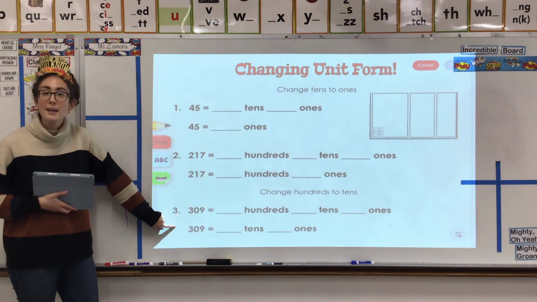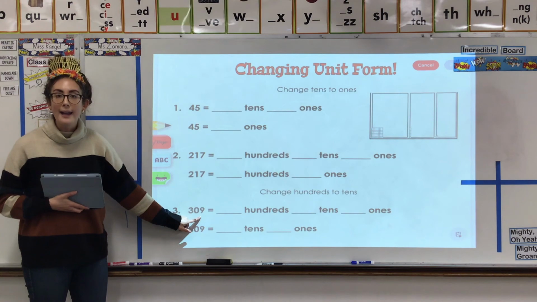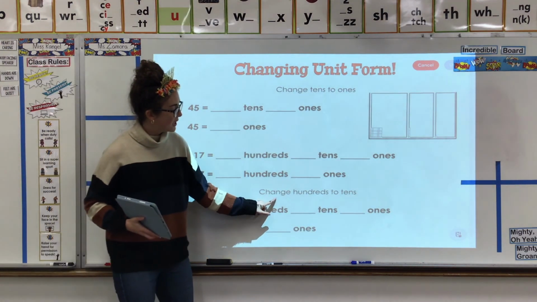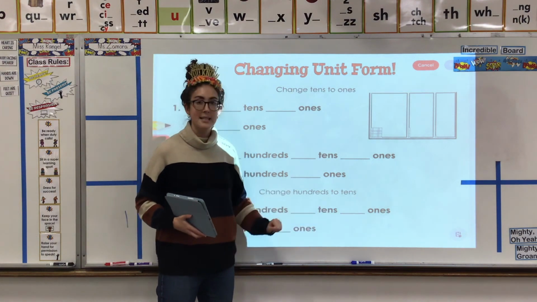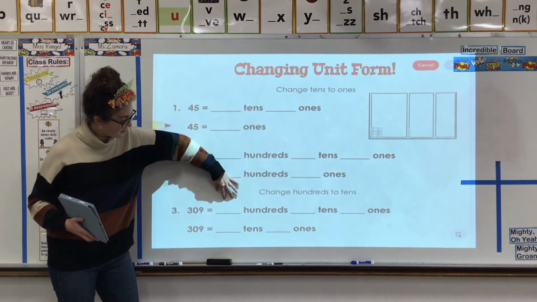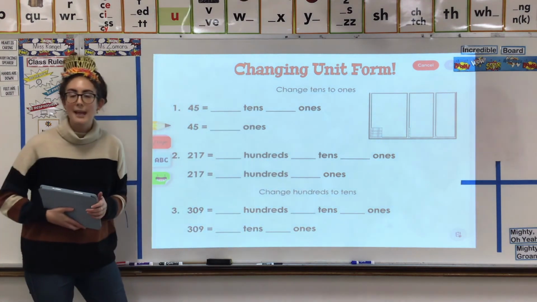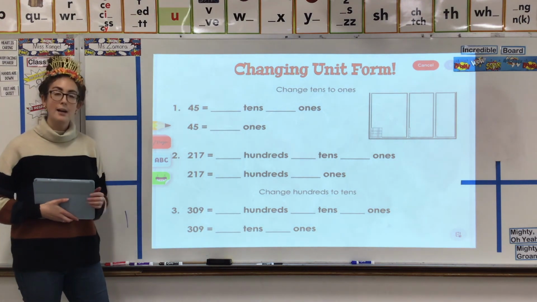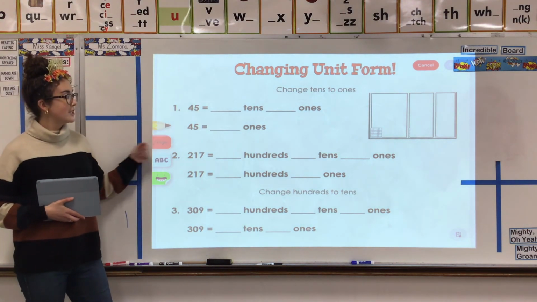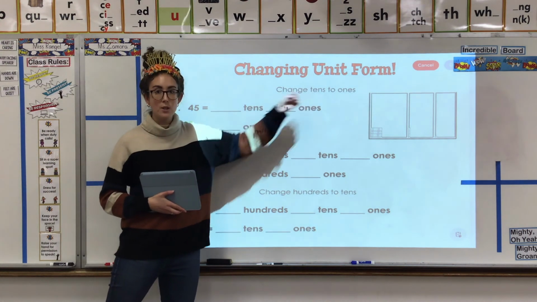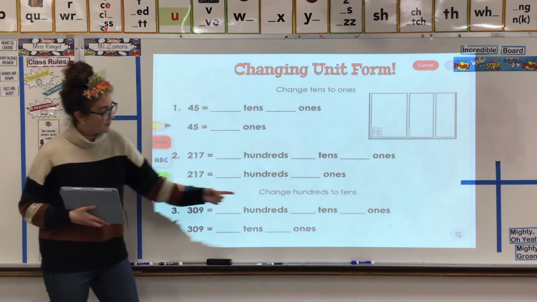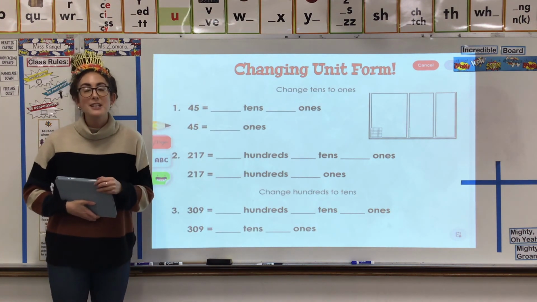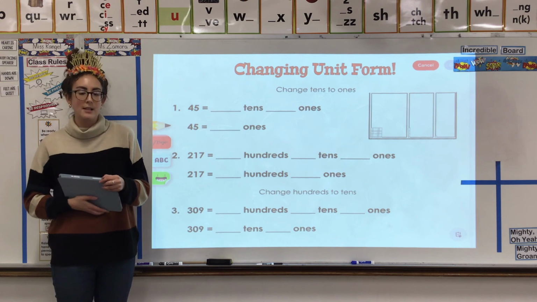But for number 3, in 309, you're going to do something a little bit different. For number 3, you're going to change hundreds to tens. So you're going to take the hundreds and change them for the tens and figure out what is another way to show 309. So for 1 and 2, you're changing tens to ones, but for 3, you're changing hundreds to tens. I want you to pay extra close attention to that difference.